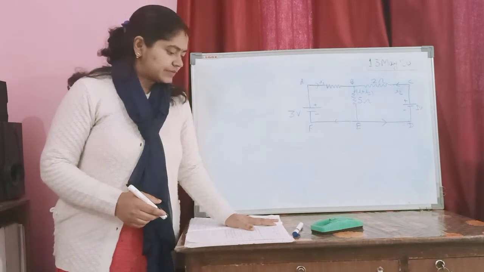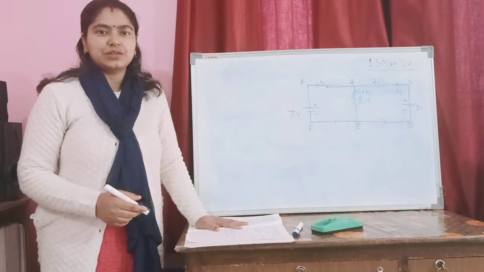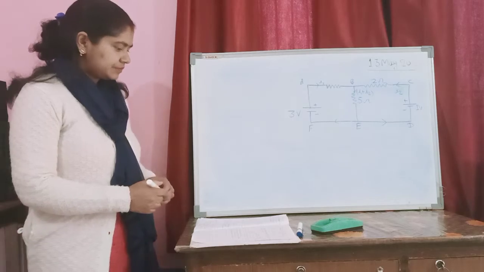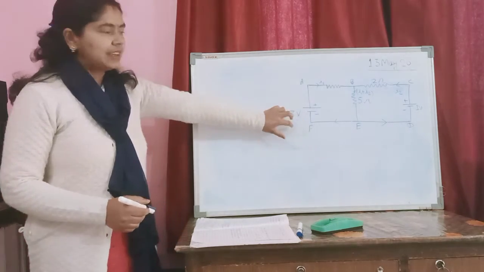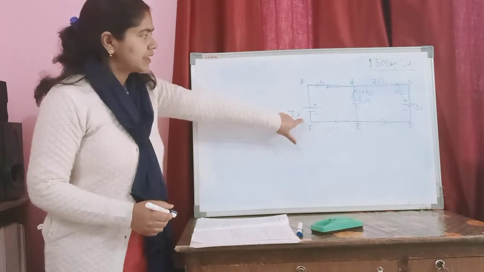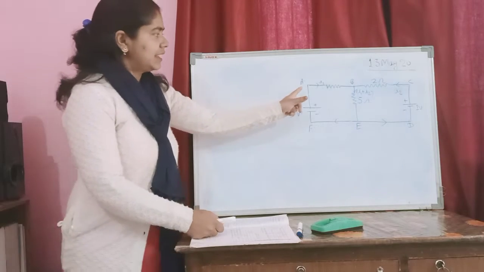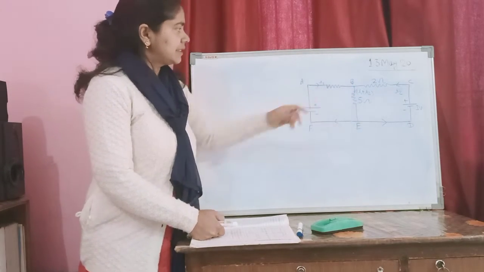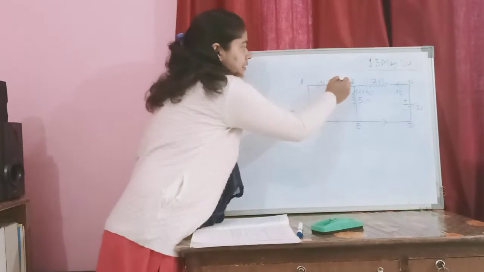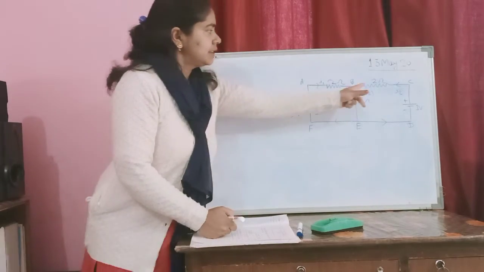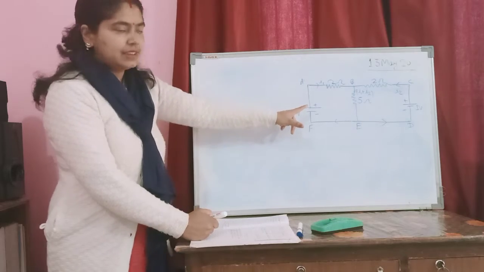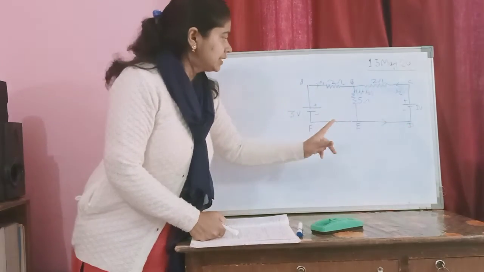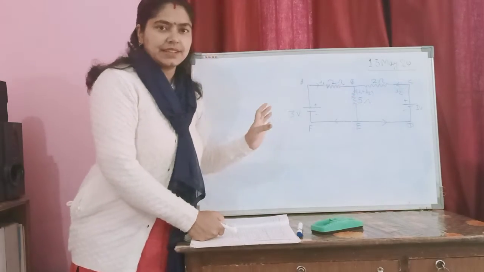Today we will solve some numerical problems related to Kirchhoff's law and electric cells. In the first numerical, in each branch there are resistances: one resistance 2 ohm, another 2 ohm, a cell of EMF 3 volt, 1 volt, and 3 resistances.